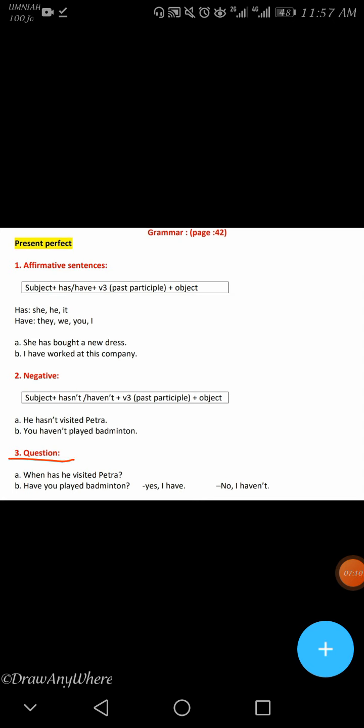The same thing. Do you have a helping verb? Yes. Where is it?